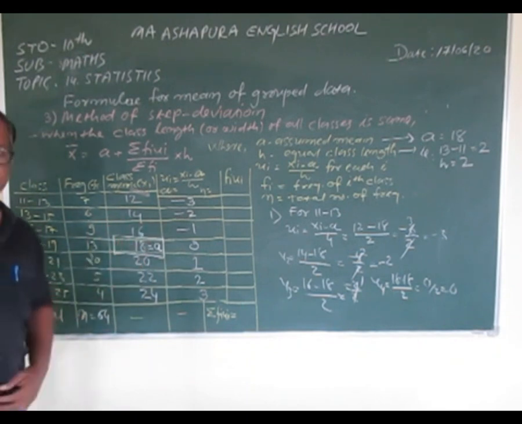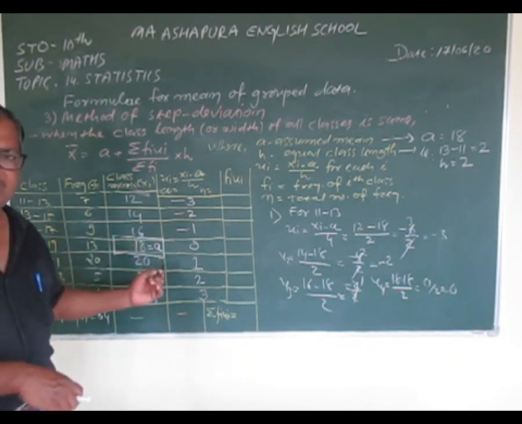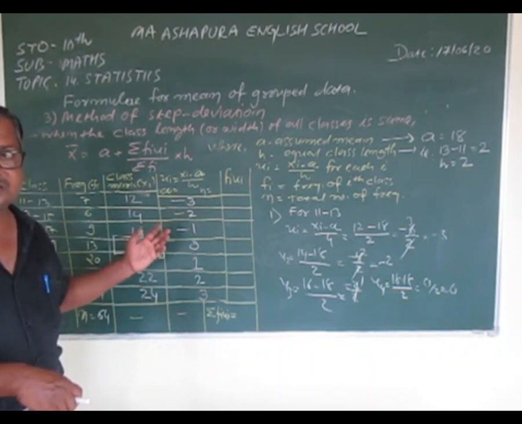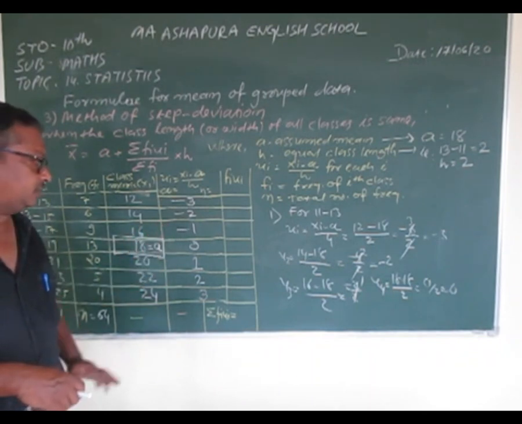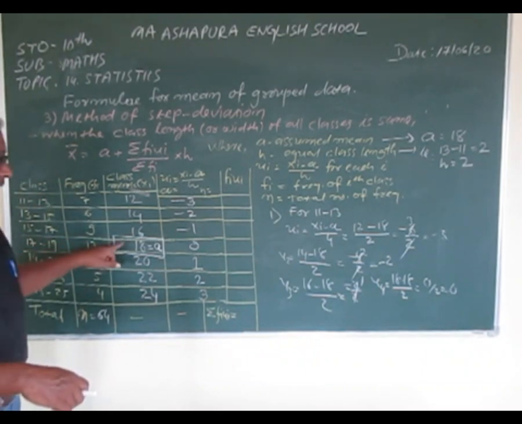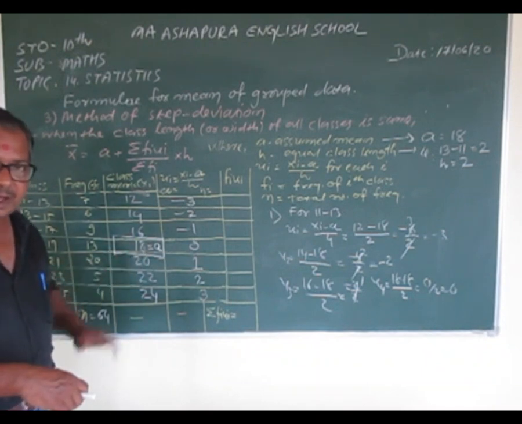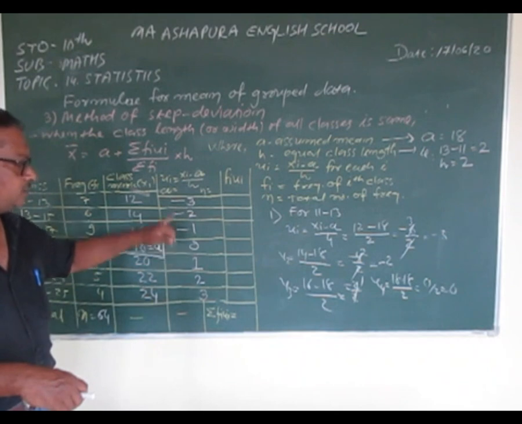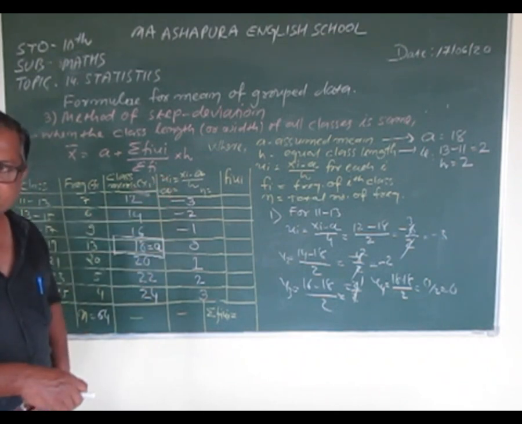Look here carefully. One more sequence arises here, and this is a very simple and interesting series. For the class 17 to 19, we select our class mark, and exactly opposite to the class mark, ui is equal to 0.